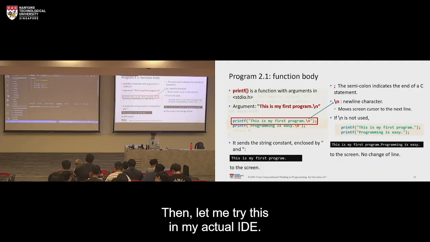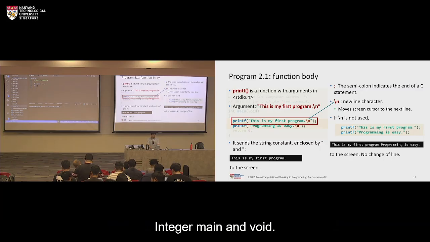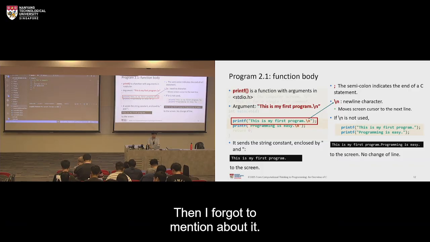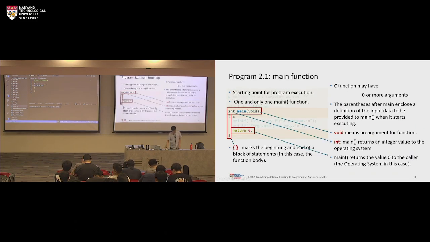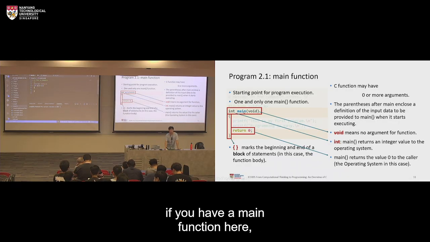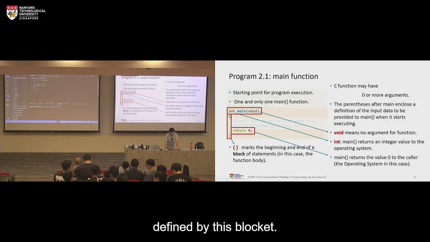All right, then let me try this in my actual IDE. So int main(void). I forgot to mention, in this main function, the range of the function will be defined by this curved bracket.